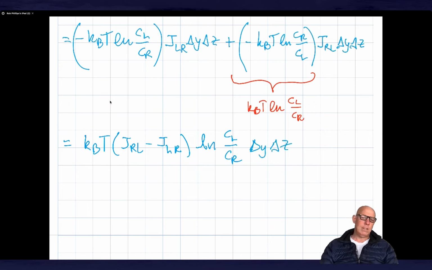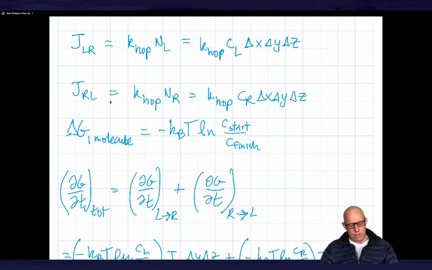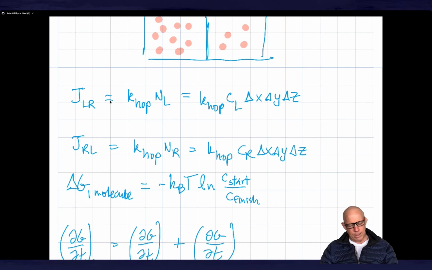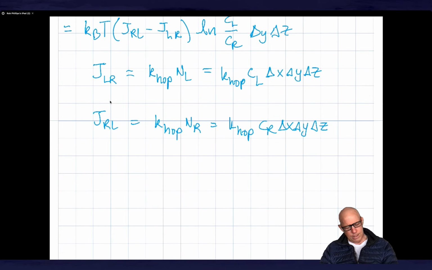Okay, this is looking interesting and promising. Now I go back up earlier, and I notice that I can write, let me bring these things down here, I had these two facts.